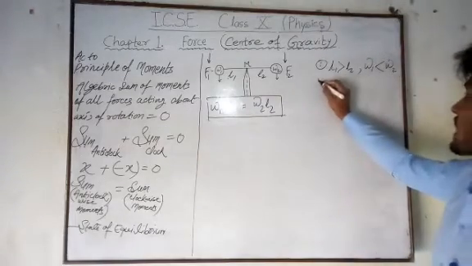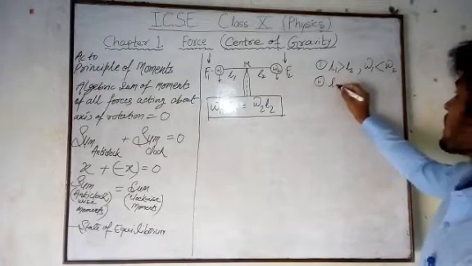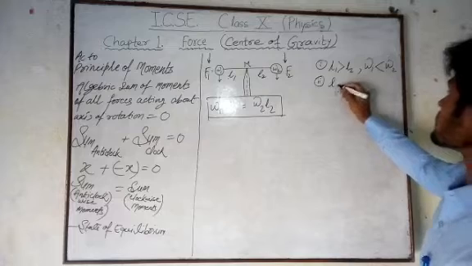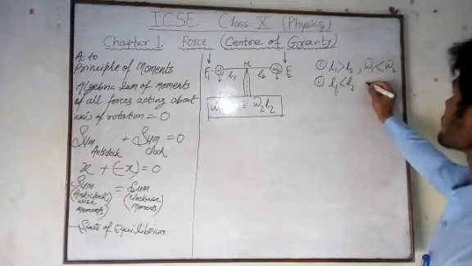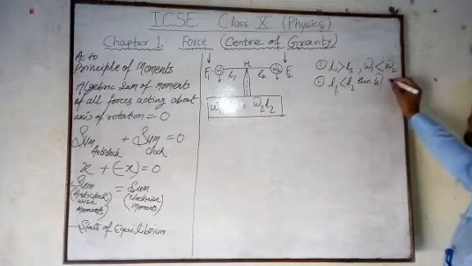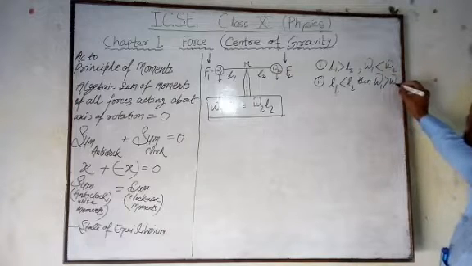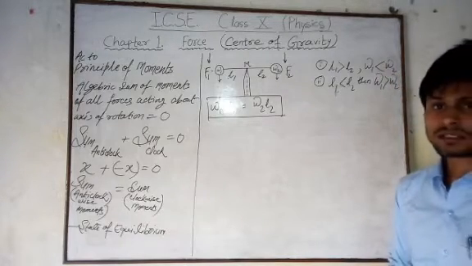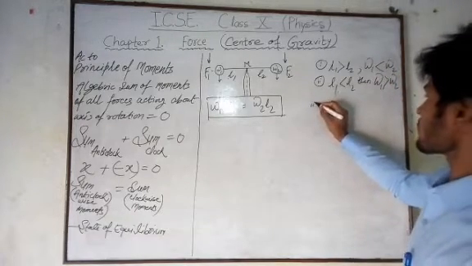This is the condition. The second condition, again: if L1 is smaller than L2, then W1 should be greater than W2. There is one more condition that you can guess easily.